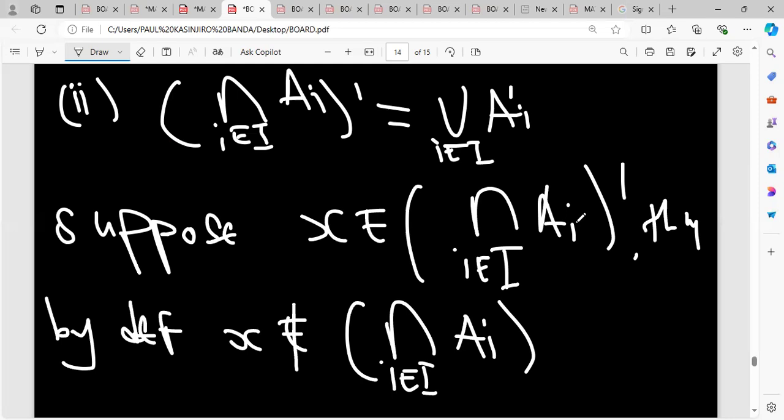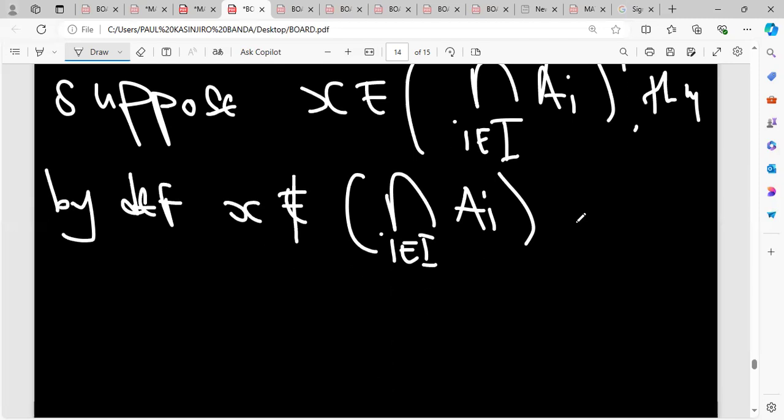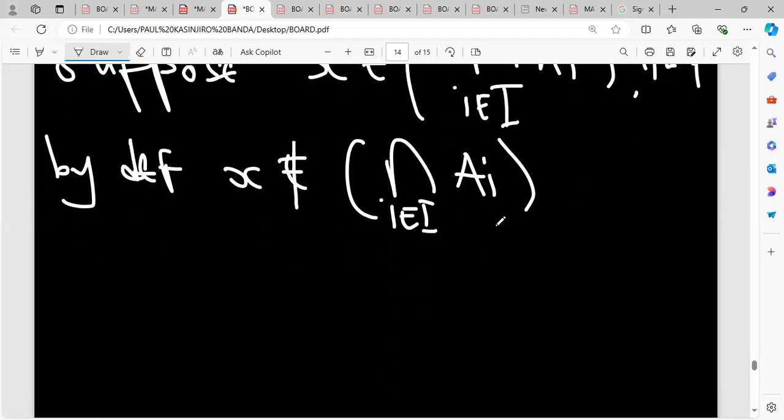If I go back to the definition for the intersection, we said that if something is an intersection, then we demand that this X should be a member of all these A_I's. That's how we defined it.